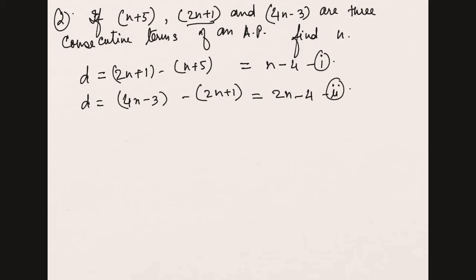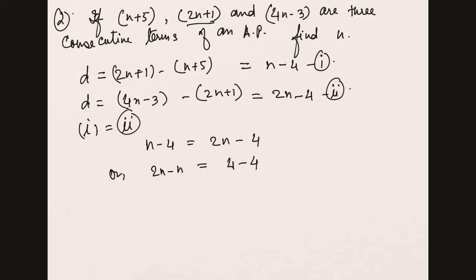So this is my 2. As they are in AP, these equations should be equal. So n minus 4 equals 2n minus 4. Just interchanging, 2n minus n equals 4 minus 4. So n equals 0.